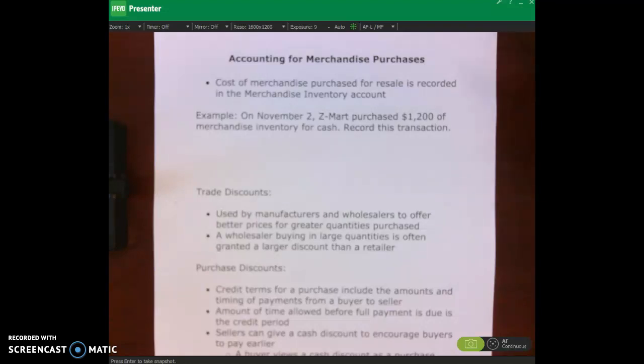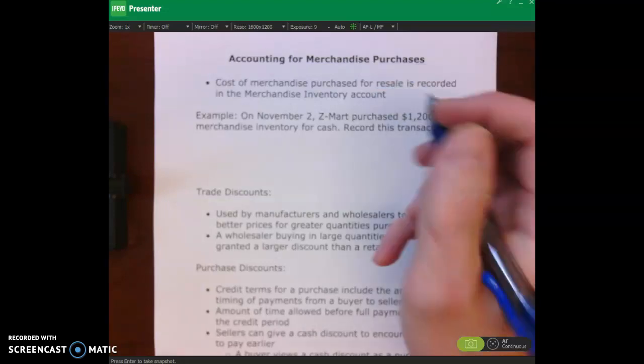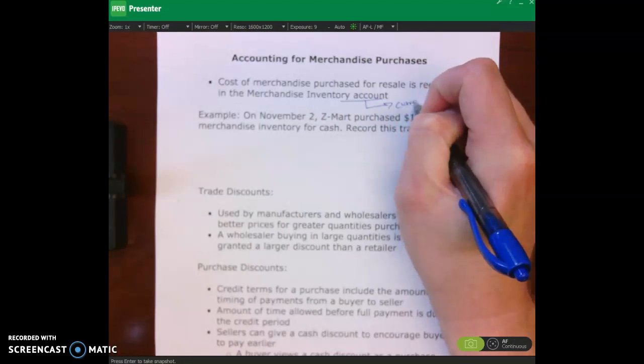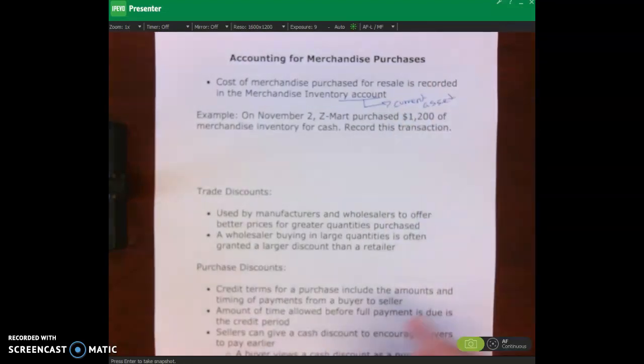So when we purchase that, we're going to put the cost of purchasing those Hydro Flasks in our merchandise inventory account. This account is a current asset. Okay, that's a current asset.